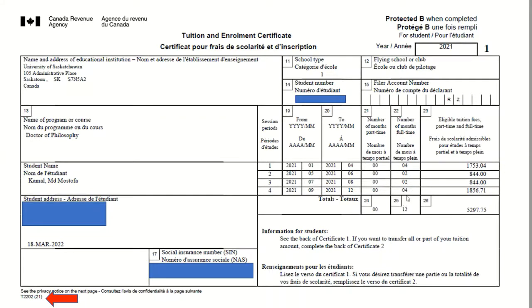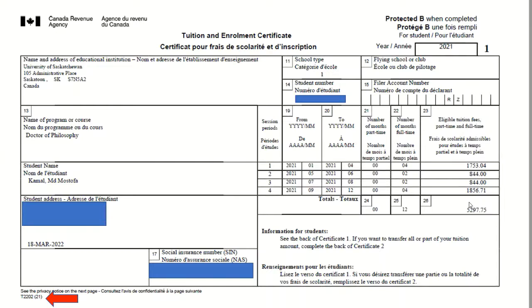For me, I studied all 12 months as a full-time graduate student, and the amount of money I paid as tuition fees is $5,297.75 as a domestic student. You may be a domestic student or an international student. Depending on that, the amount can vary.